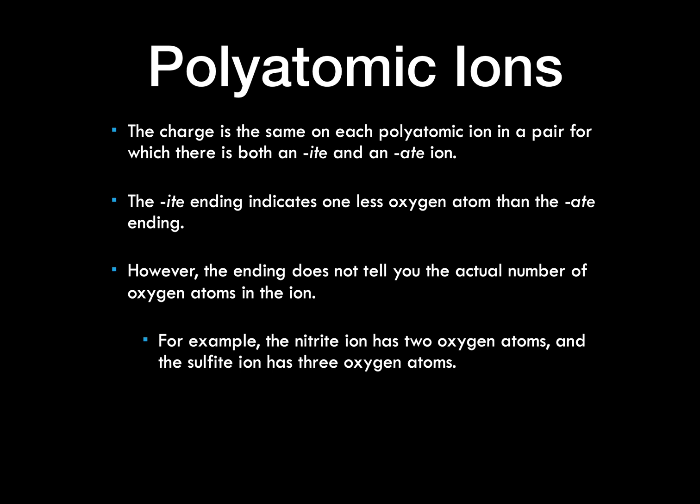So the charge is the same on each polyatomic ion in a pair for which there is both an ITE and ATE ion. The ITE ending indicates one less oxygen atom than the ATE ending. However, the ending does not tell you the actual number of oxygen atoms in the ion. For example, the nitrite ion has 2 oxygen atoms.